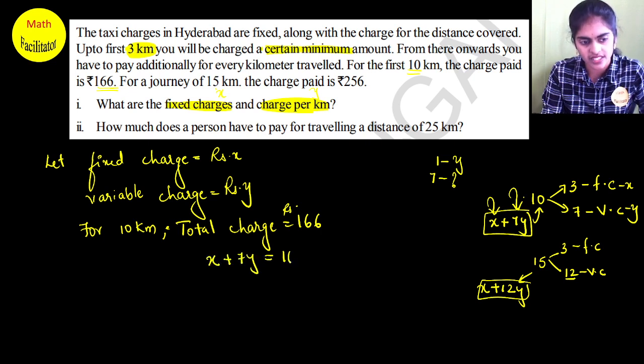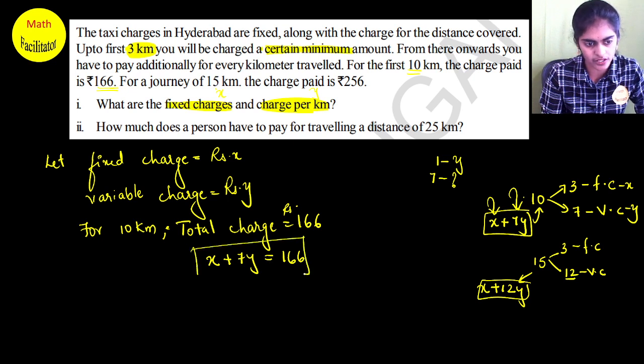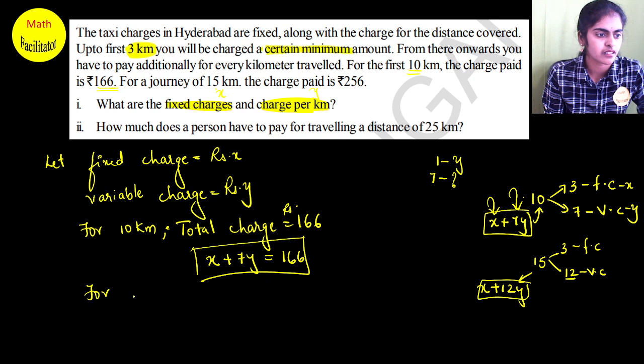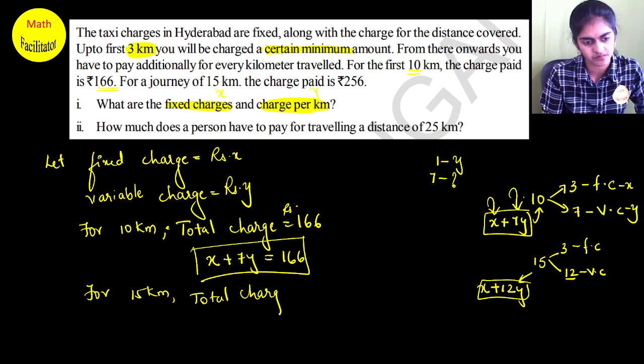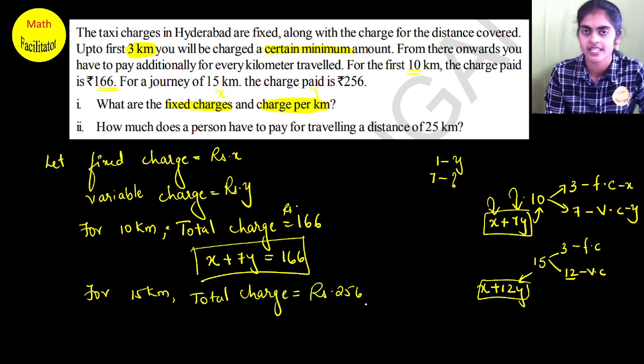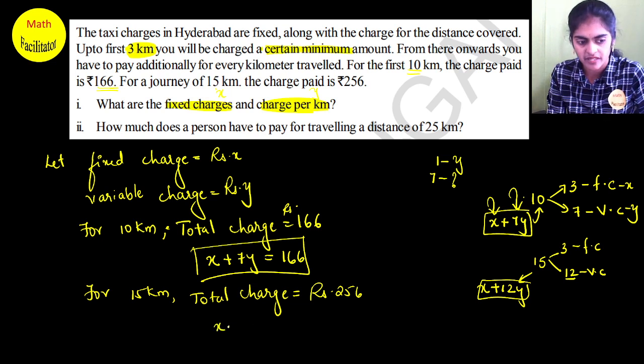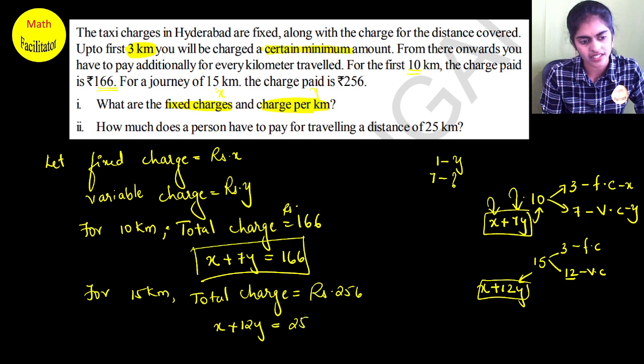So x plus 7y is 166. This is what you are paying. Then for 15 kilometer, the total charge which I am paying is rupees 256. 256 is nothing but fixed charge plus 12 kilometer variable charge. So this is my second equation.